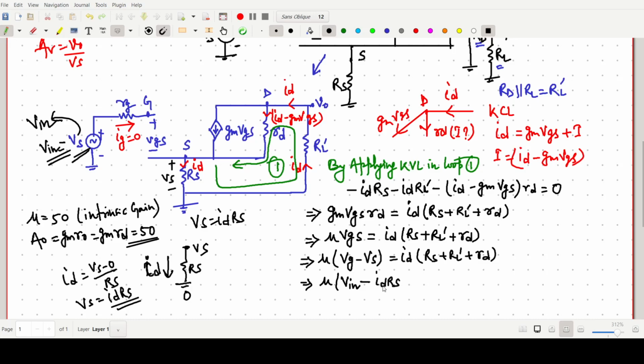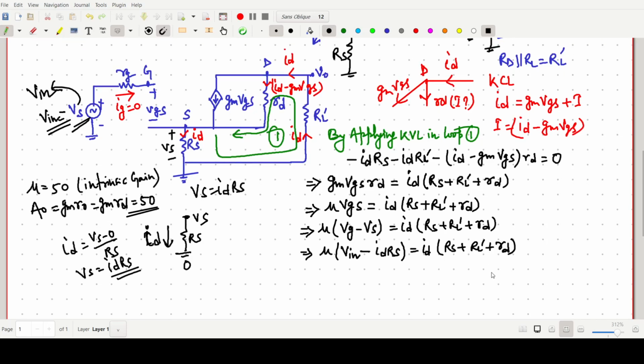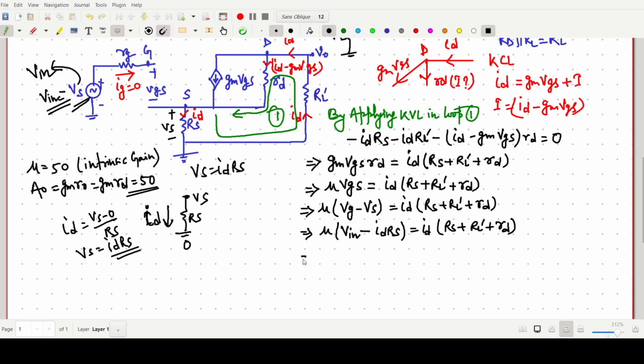So we can write V in minus ID Rs equals ID times (Rs plus RL dash plus RD). At the end, we will put in all the numerical values. So this can be written as mu times V in equals ID times (Rs plus RL dash plus RD) plus mu ID Rs.